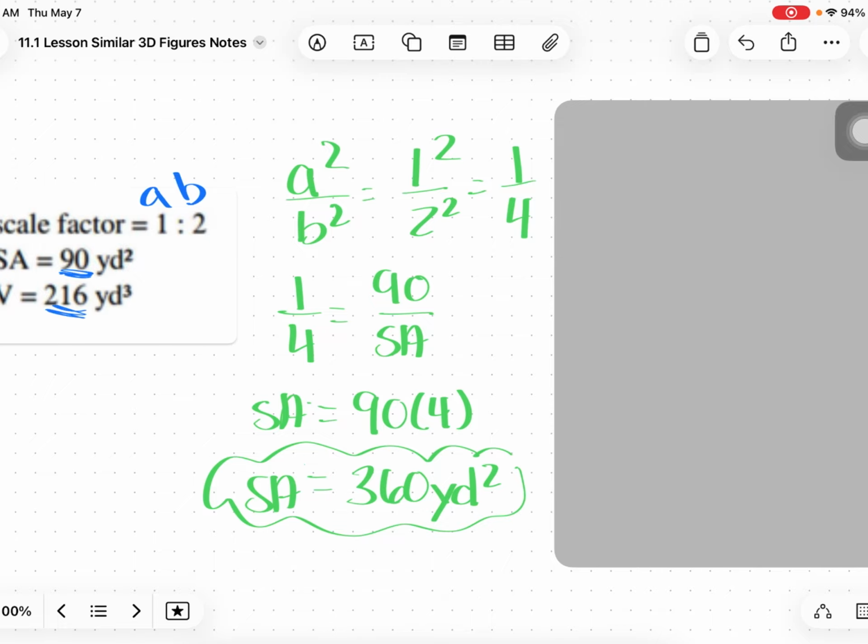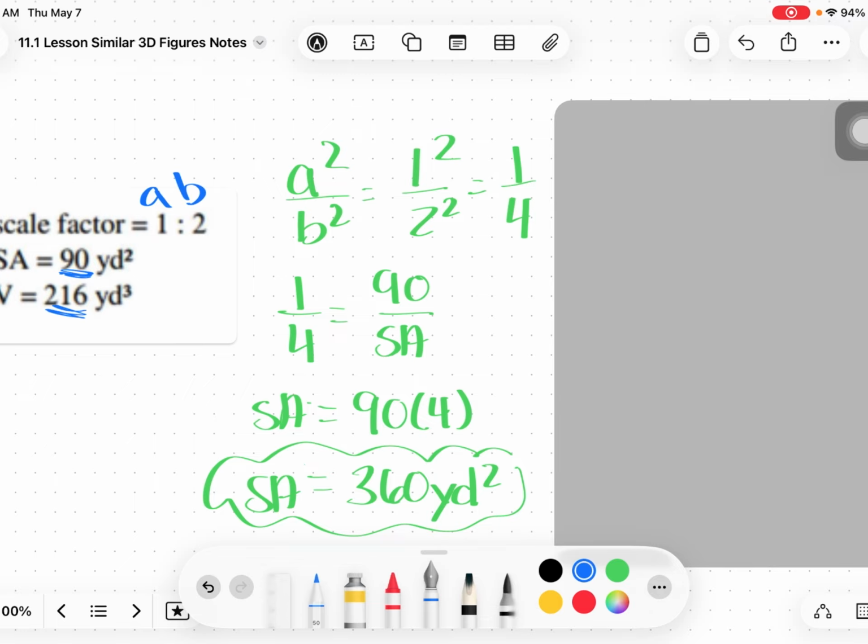So if I want to find the surface area, I'm first going to take that A over B, 1 over 2, and I'm going to square those to get a ratio of surface areas to be 1 to 4. And then I can set up a proportion much like we did with similar triangles, like we did in the last unit when we had arc length and sector area that we were solving for.